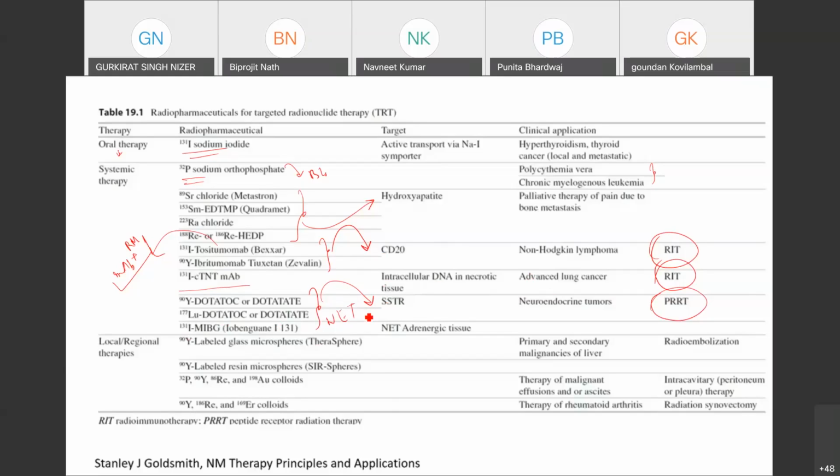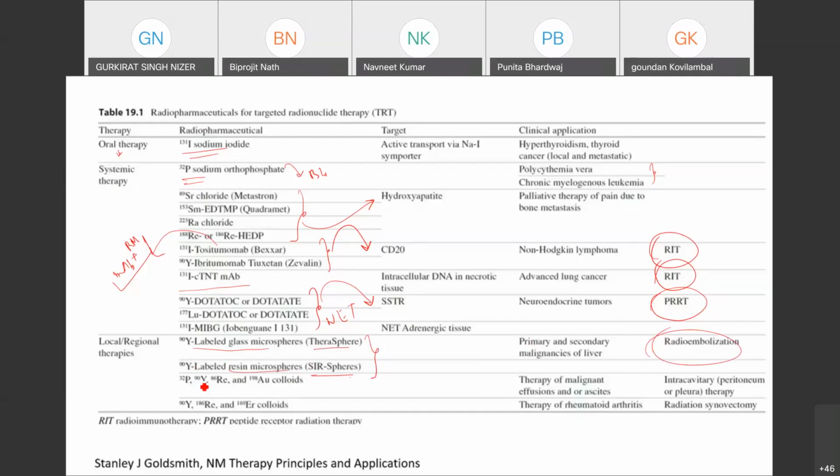And apart from these, we also have other local or regional therapies. Example, yttrium 90 labeled glass microsphere, or yttrium 90 labeled resin microsphere, which we call TheraSphere or the SIR-Sphere. And these are widely used for the treatment of primary and secondary malignancies of the liver, by a process we call radioembolization.